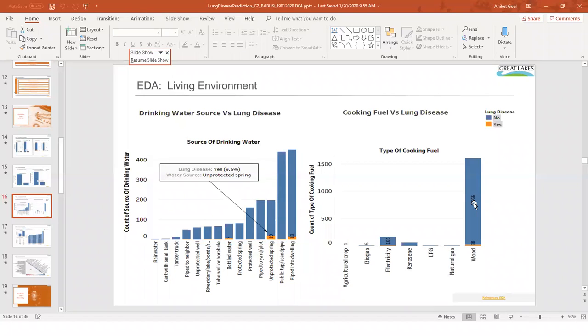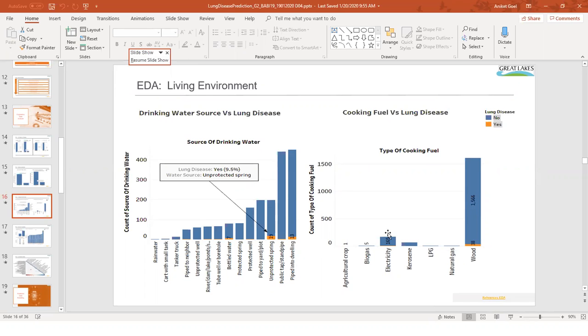So the model might have used cooking fuel as one of the predictors to find out lung disease, but the weightage given to this particular factor is not high, and thus we have chosen only the top 6 factors to produce a comprehensive guide or a scorecard to easily, intuitively find out whether a person has got a lung disease or not, right?